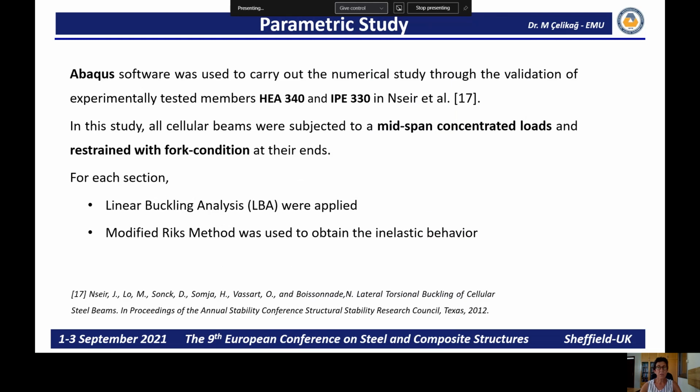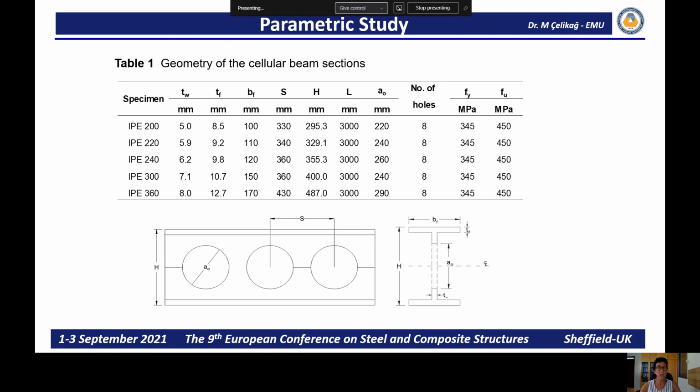For this reason, two root beam sections, HEA 340 and IP 330, tested and the results reported in literature were validated by using Abaqus software to carry out this numerical study. Mid-span concentrated loads were used and beam ends were restrained with fork condition.